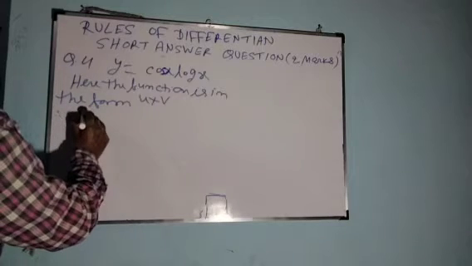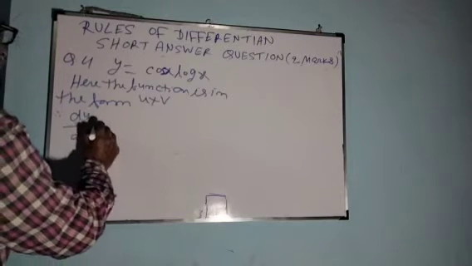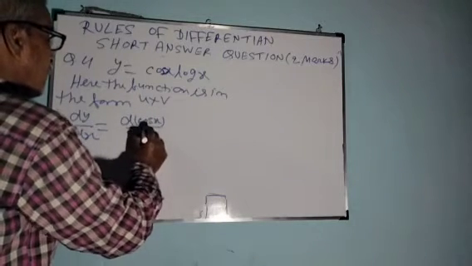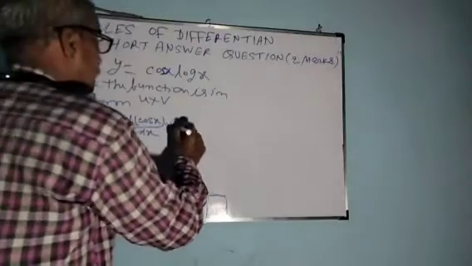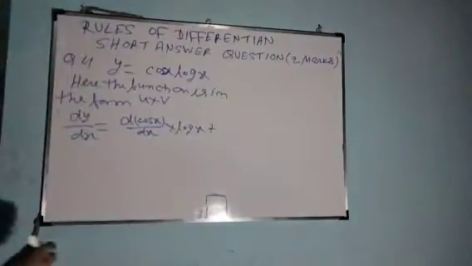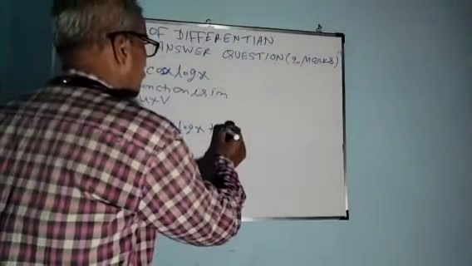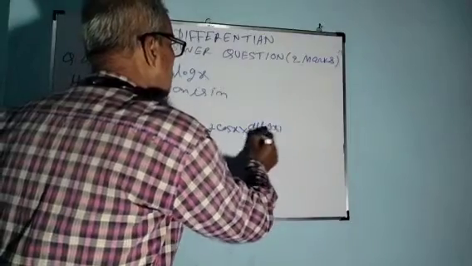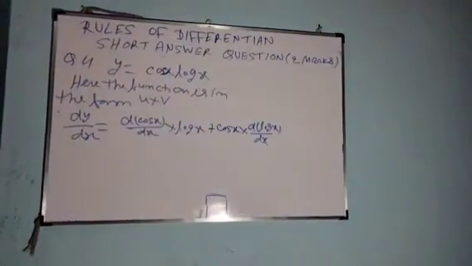Thus dy/dx is equal to d(cos x)/dx into log x plus cos x into d(log x)/dx. Here we use the derivatives of standard functions.